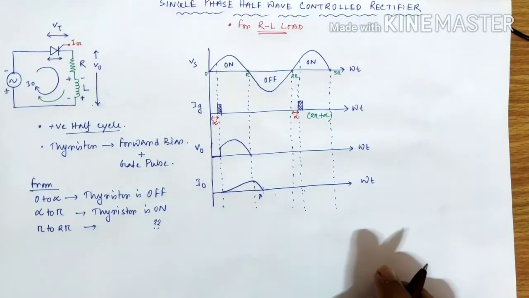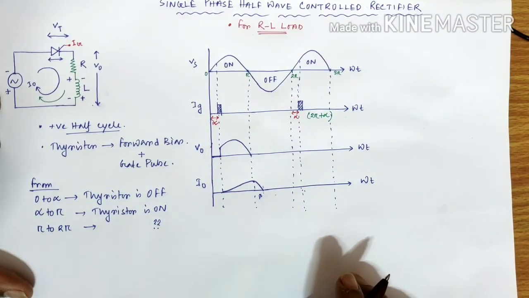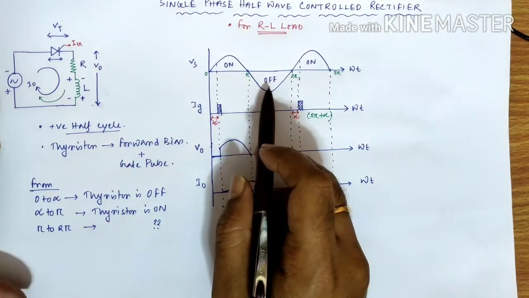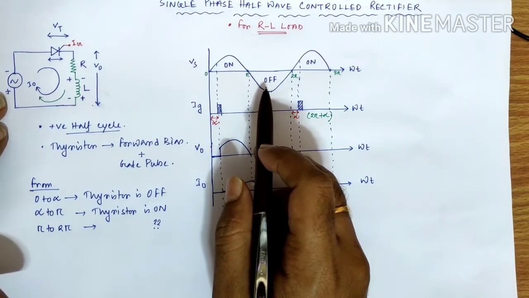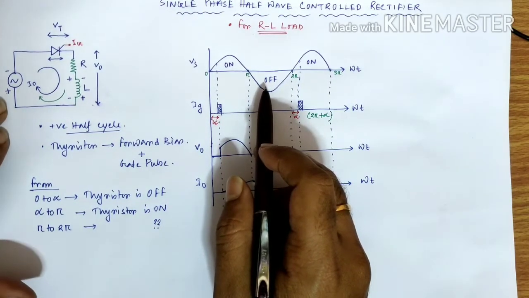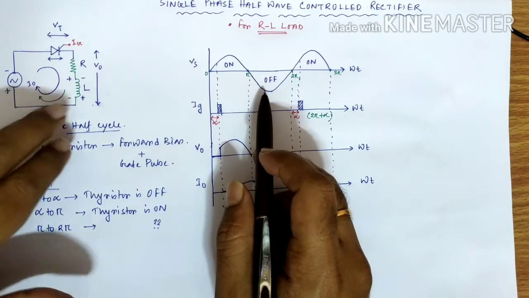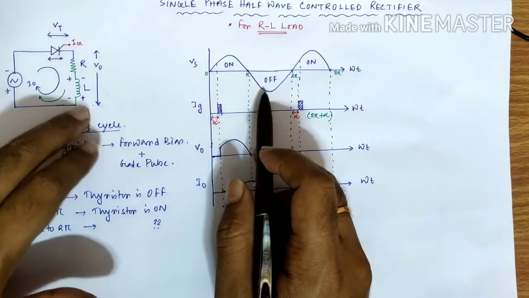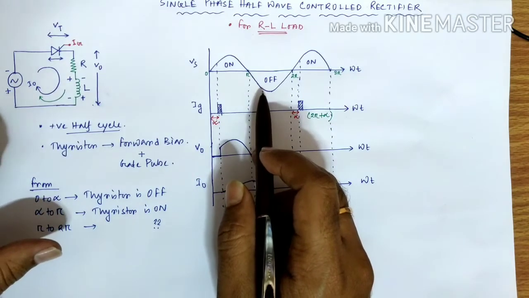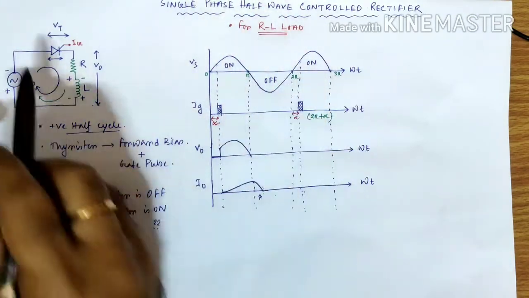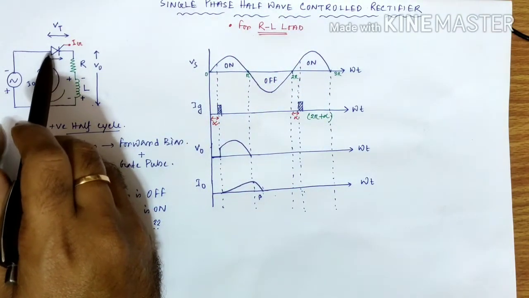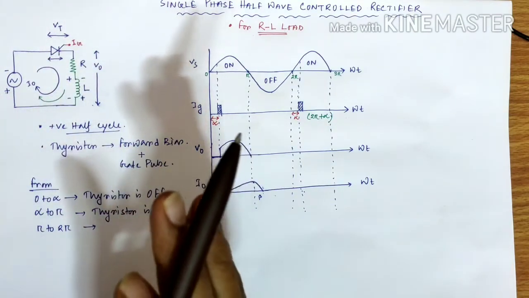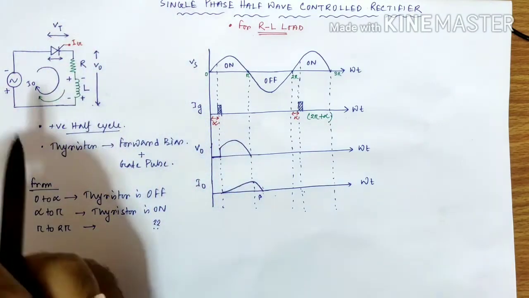After beta, what happens? The voltage source in the negative half cycle attains a value which is higher than the potential of this inductor. So Vs becomes the dominant one. Only then does the thyristor experience reverse bias finally.